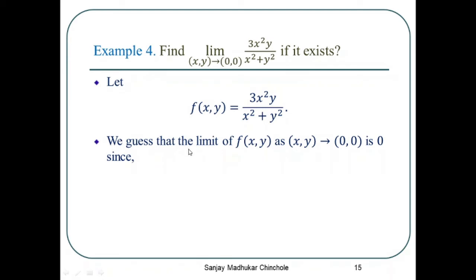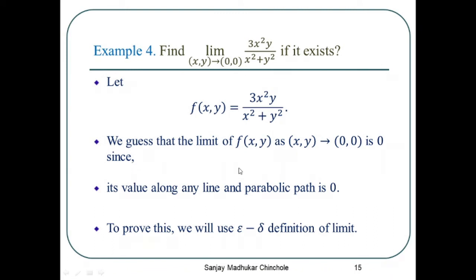We guess that the limit of f(x, y) as (x, y) approaches (0, 0) along different paths is 0, since its value along any line and parabolic path is 0. If we take different lines and different parabolic paths passing through the origin (0, 0), then we can observe that the limit of the function f(x, y) as (x, y) approaches (0, 0) becomes 0.